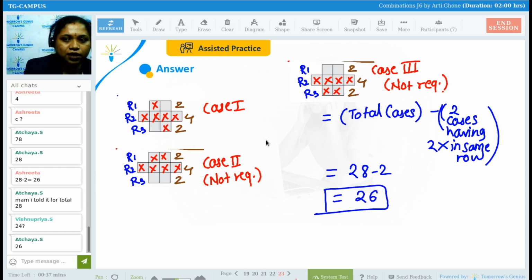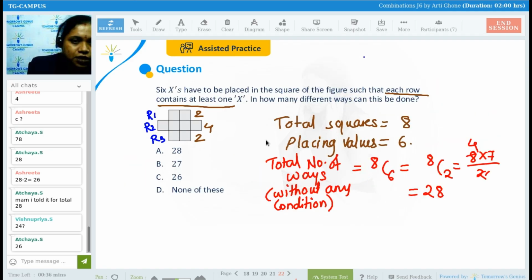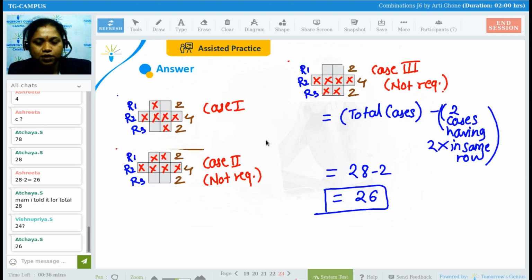Clear? Here 2 not required cases are appearing. Hence the answer will be 26. So which one is it? Option C is correct. Clear? Yes or no? Please be with your smile if it's clear.